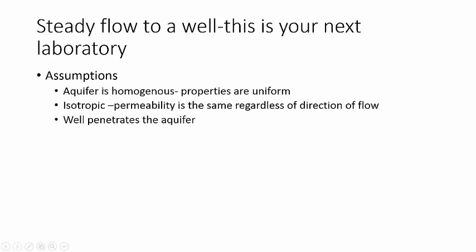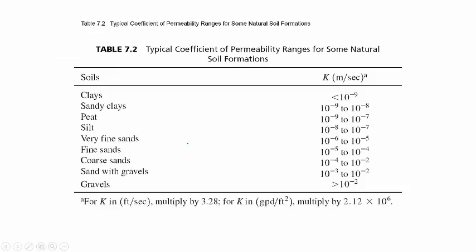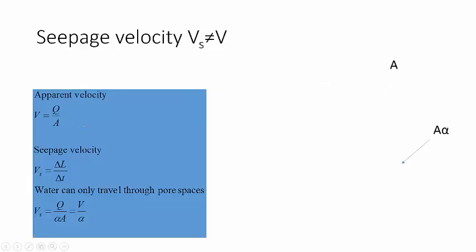In this case, you'll have an aquifer that you are going to assume is homogeneous, that properties are uniform, isotropic, meaning that the permeability is the same regardless of the direction of flow, and that the wells penetrate the aquifer.